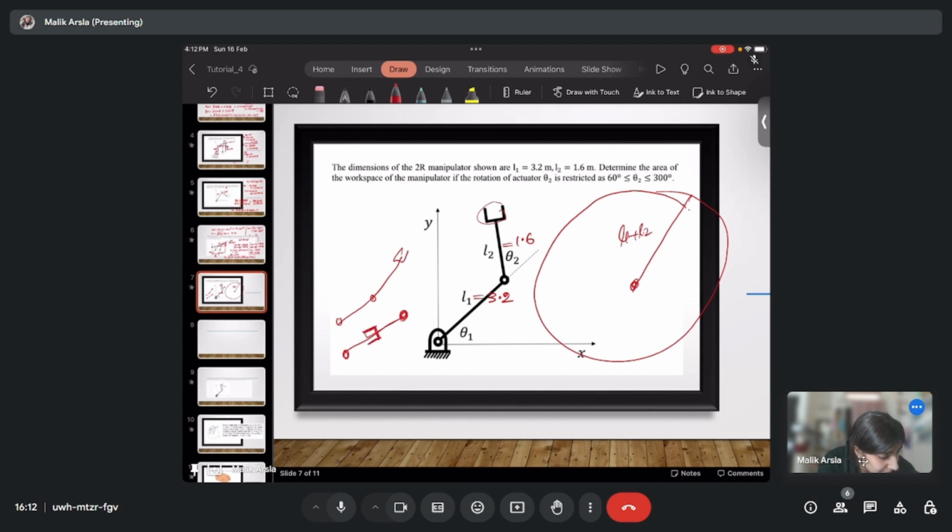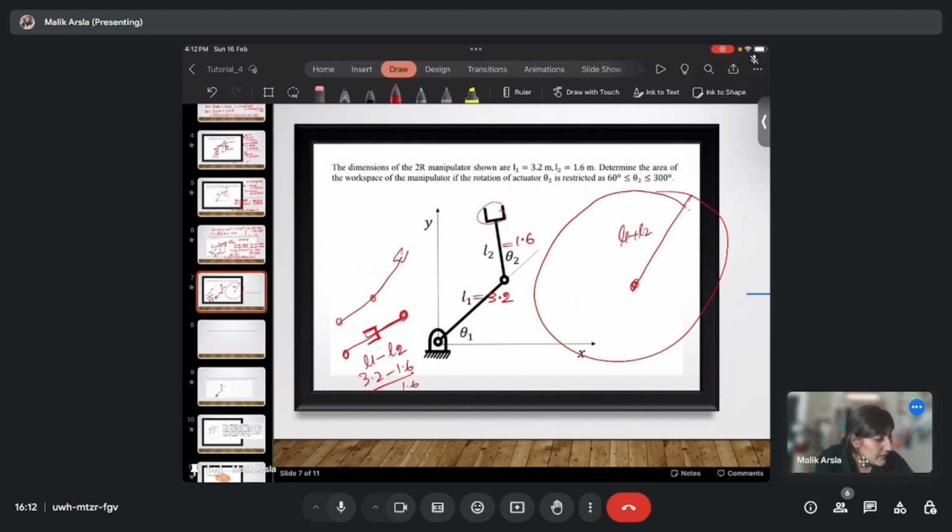Now this was 1.6, this whole length is 3.2, so this length will be L1 minus L2, which will be 3.2 minus 1.6. And 3.2 minus 1.6 is equal to what? It will be 1.6.